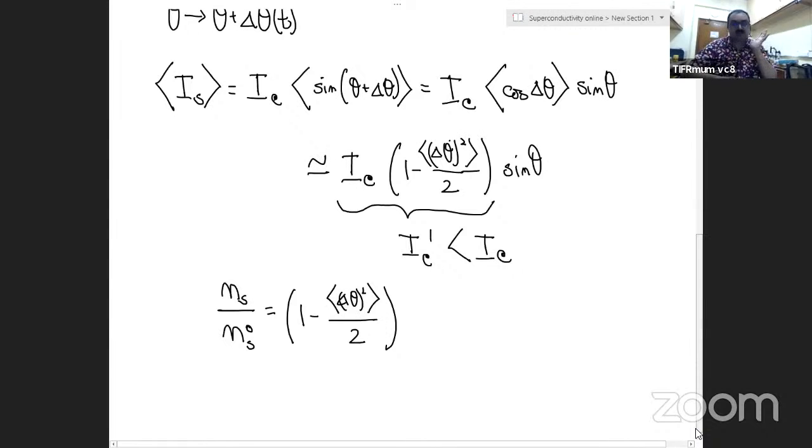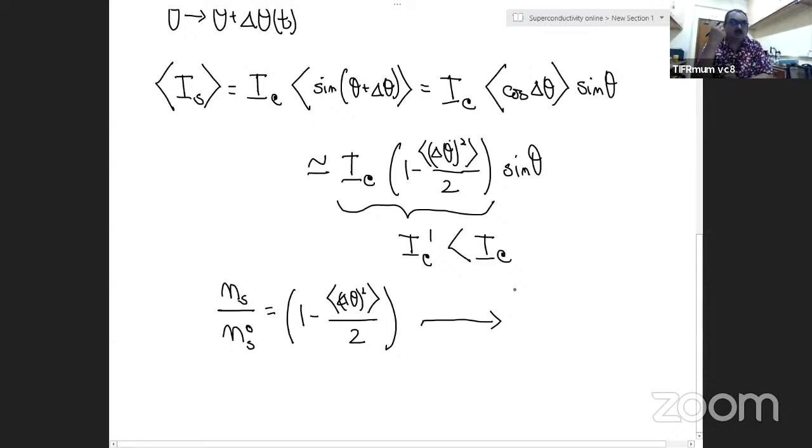Nevertheless, the reason that we are still writing this expression is because eventually we will not restrict ourselves to weak links. We will want to understand the phase fluctuation in bulk samples when the superfluid stiffness is small, and in bulk samples measuring the critical current is much more difficult. Measuring the penetration depth is the natural thing to do.